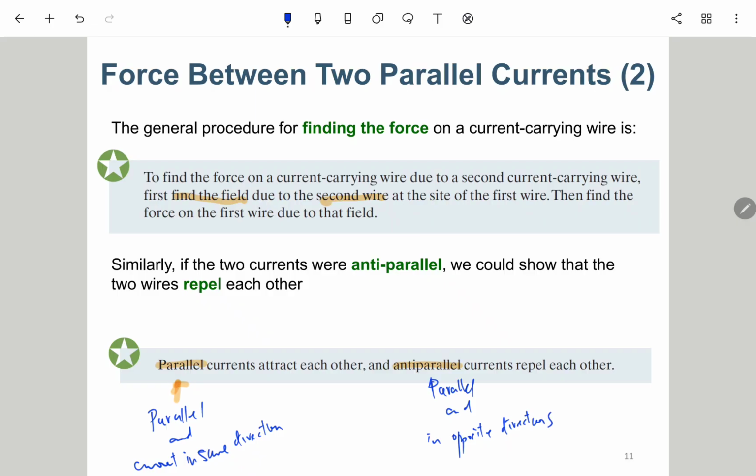This is just a name. So here the highlight is simplified as: parallel currents attract each other and anti-parallel currents repel each other. So these two pages are summarized into this simple sentence.